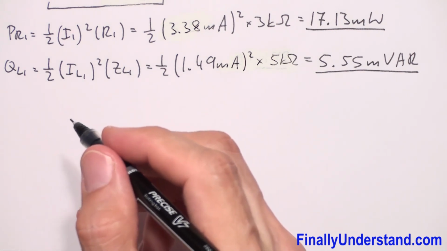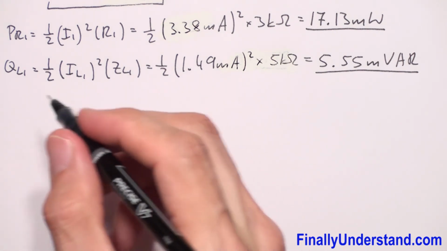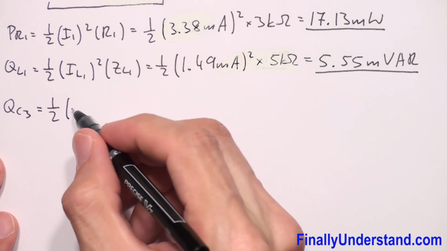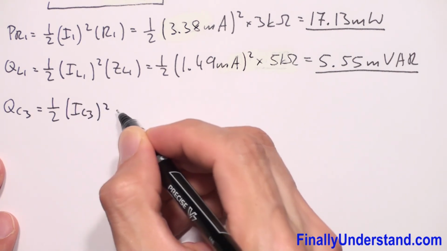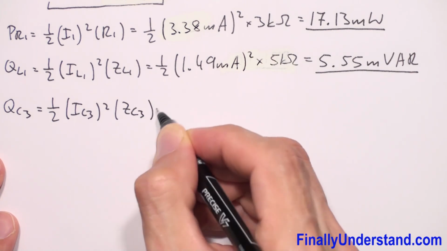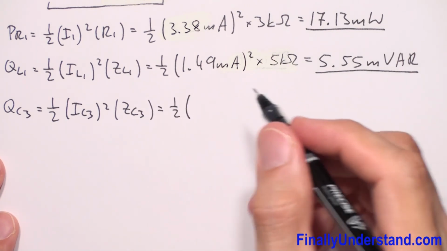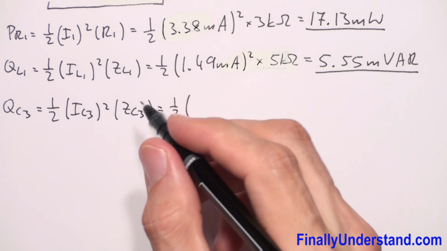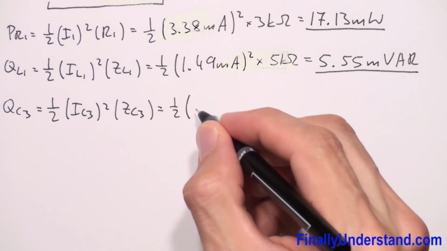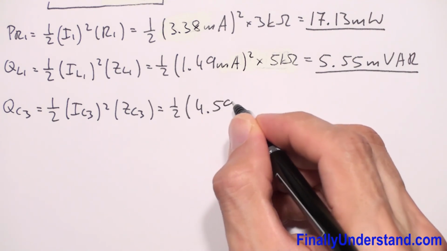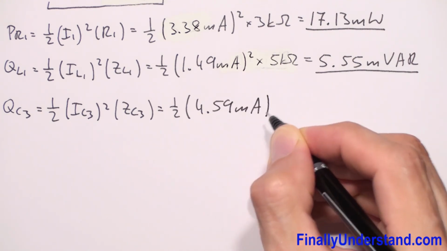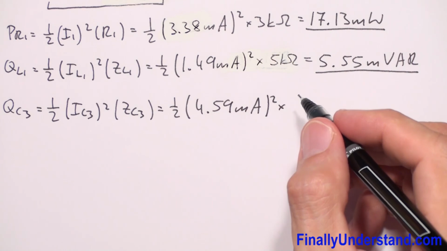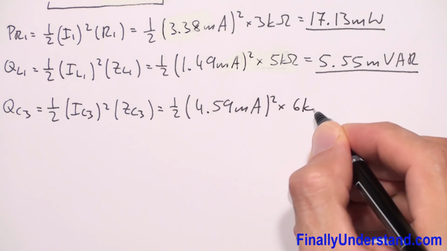Next, I'm supposed to find QC3. So QC3 is equal to 1/2 IC3 raised to the second power times ZC3, which is equal to 1/2, and the current IC3 we found, this is equal to IR3, and this is equal to 4.59 milliamps raised to the second power times ZC3, which is equal to 6 kilohms.